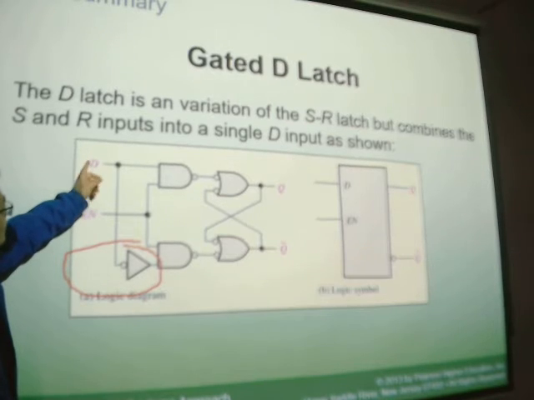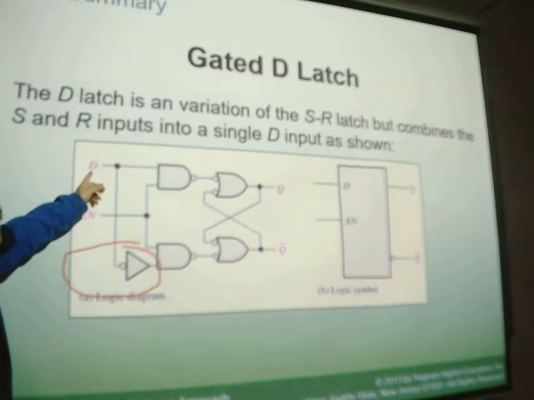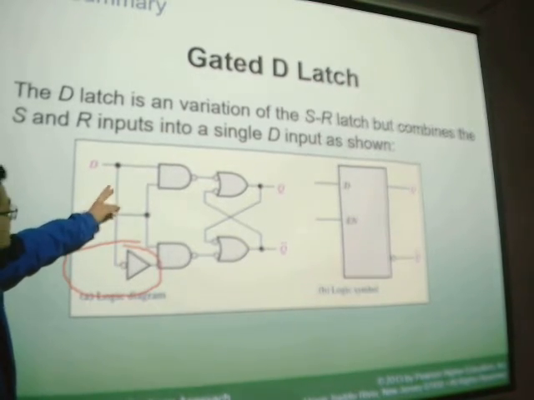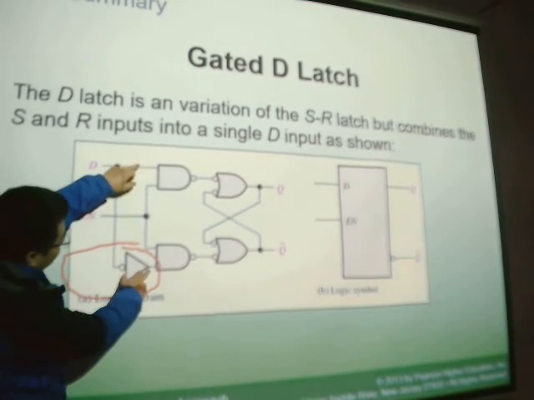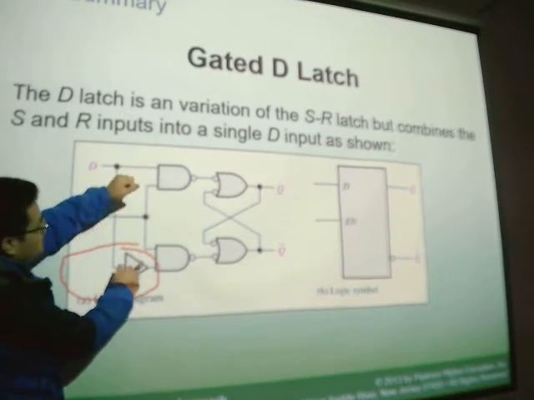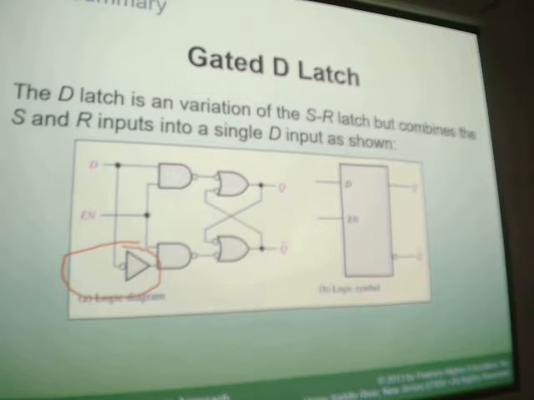So D equals 0 or 1, but the values of these two inputs are outside, right? The values of the two inputs are outside.